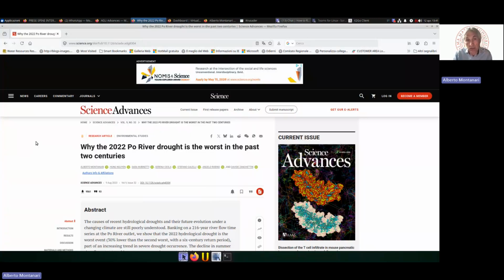And in particular, the paper is focusing on drought events over the Po River, which is, as you know, the longest river in Italy and one of the most important rivers in our country. And besides the subject, this title tells us an important information.